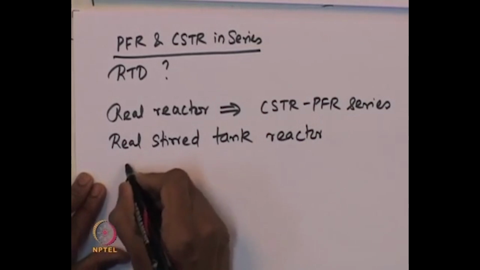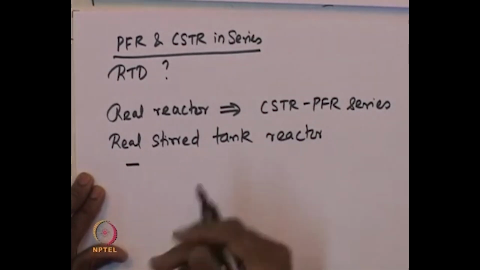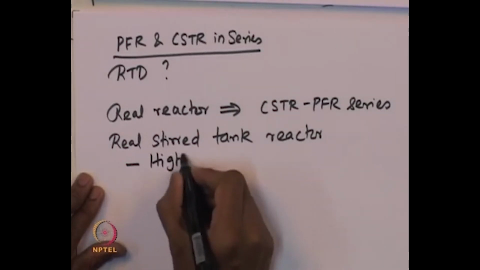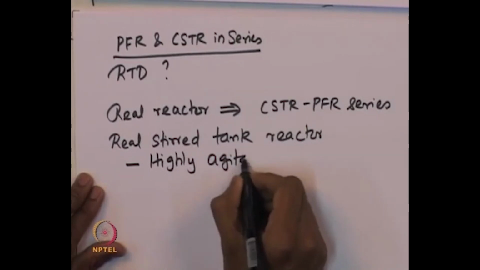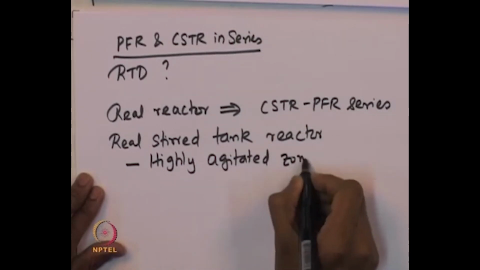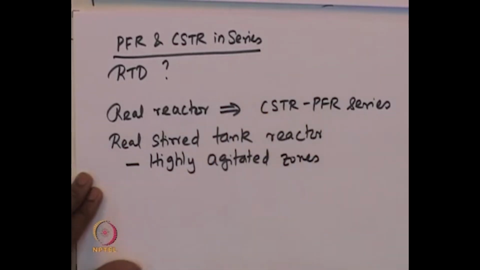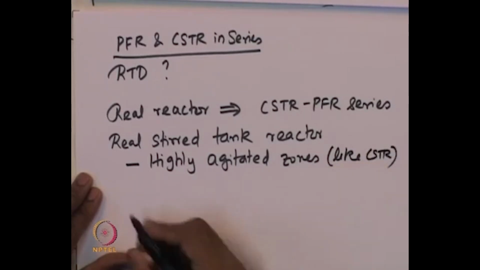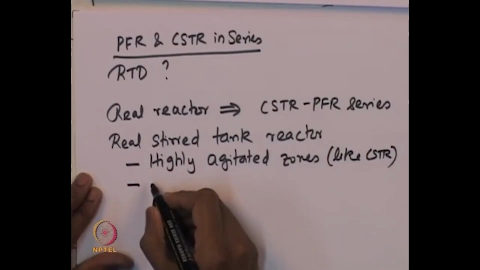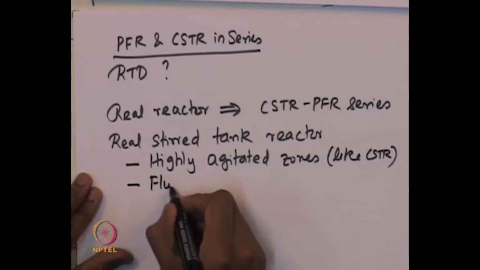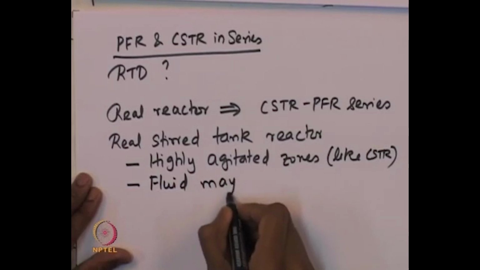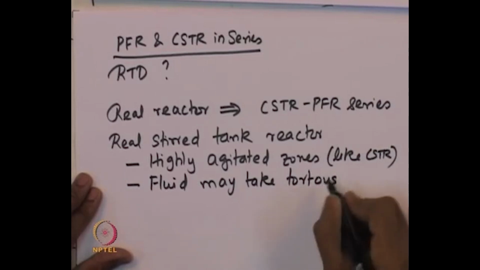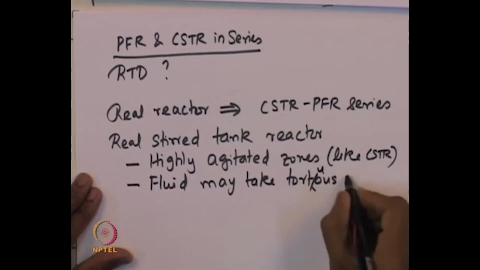One could intuit that there will be highly agitated zones present in the real stirred tank reactor. These zones will typically behave like a CSTR. And then there will be situations where the fluid may take tortuous paths before it leaves the reactor.